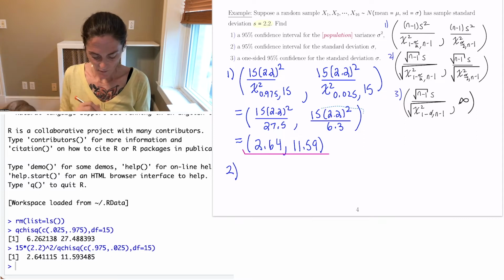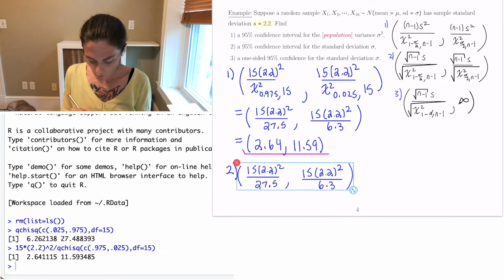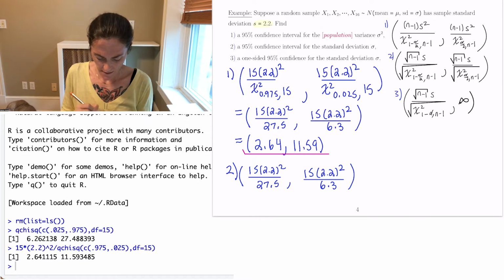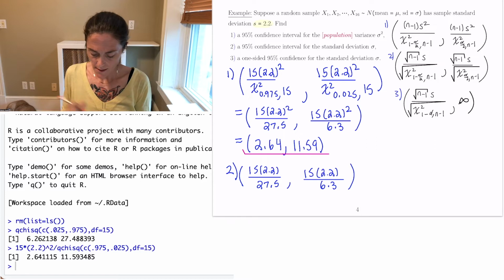Next one, we just copy and paste, but we are wanting standard deviation. And so we just take the square root of everything we see. So we will have square root of 15, square root of 15, here, and here.